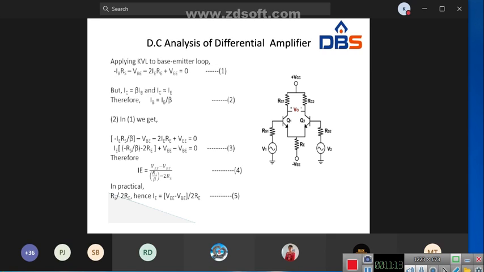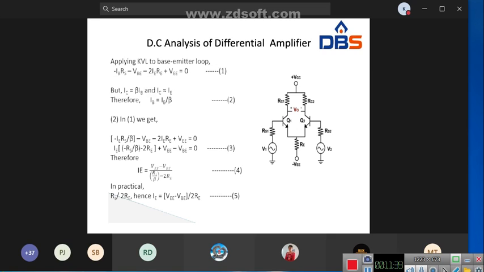And the voltage between base and emitter is VBE. What is the voltage drop across RE? Here we are taking 2IE. The voltage drop across RE is IE into RE, but we are taking 2IE. Why?